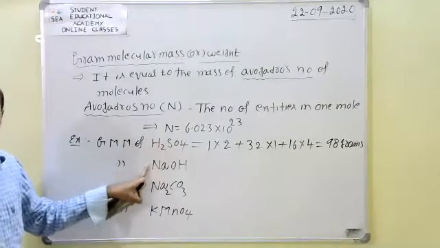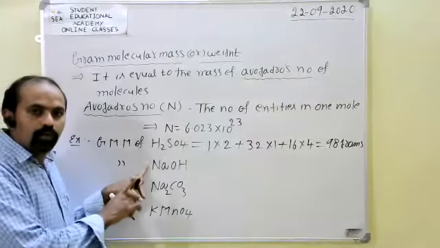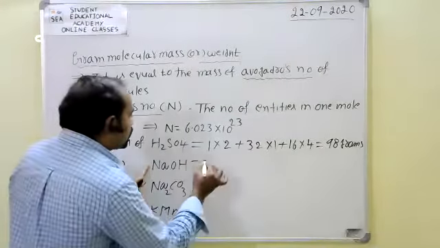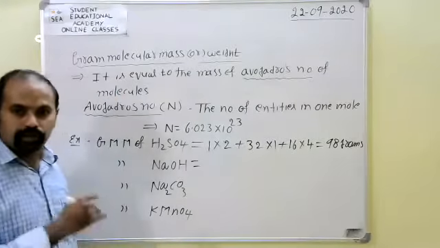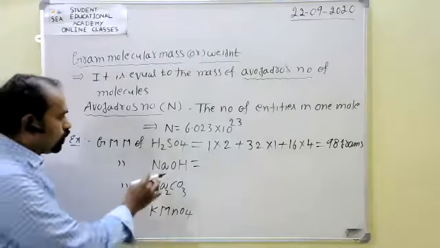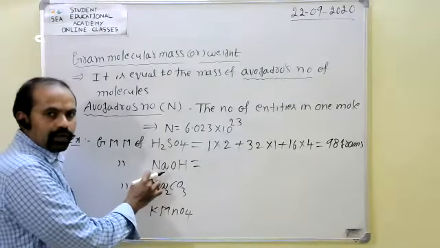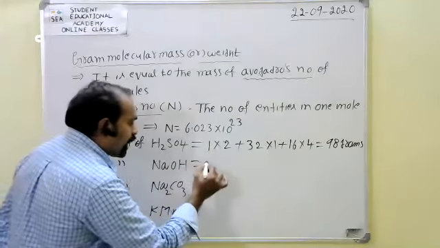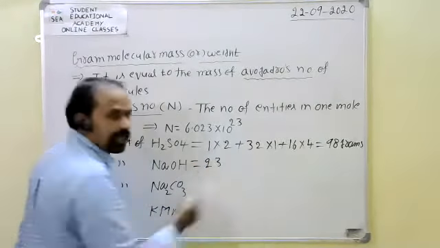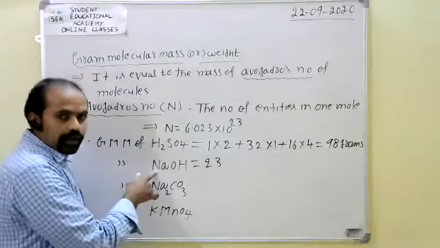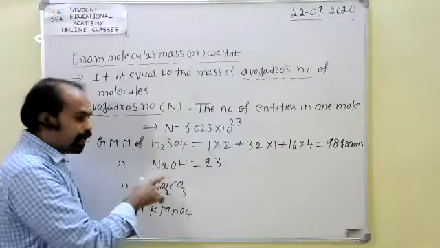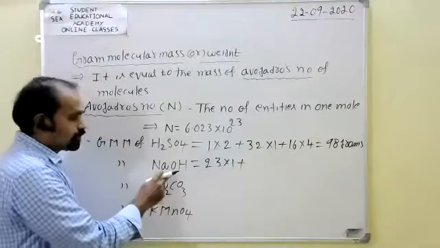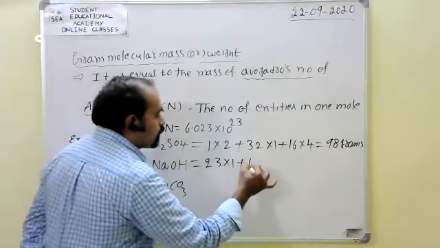Okay, similarly, we find the gram molecular mass of sodium hydroxide. It is nothing but a base. We know it is 40 grams. We calculate it by the same method. First element sodium, its atomic mass 23 into its atomicity, the number of sodiums is 1, plus oxygen atomic mass 16.